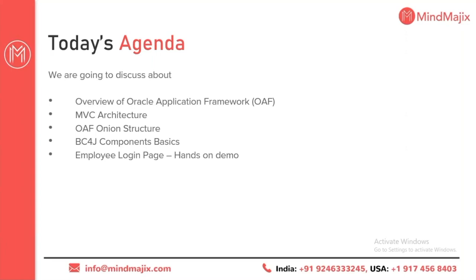It's basically used to develop web pages in the Oracle Apps platform. To achieve this functionality, you need an IDE, meaning an integrated development environment. Here we'll be using JDeveloper, which is provided by Oracle.